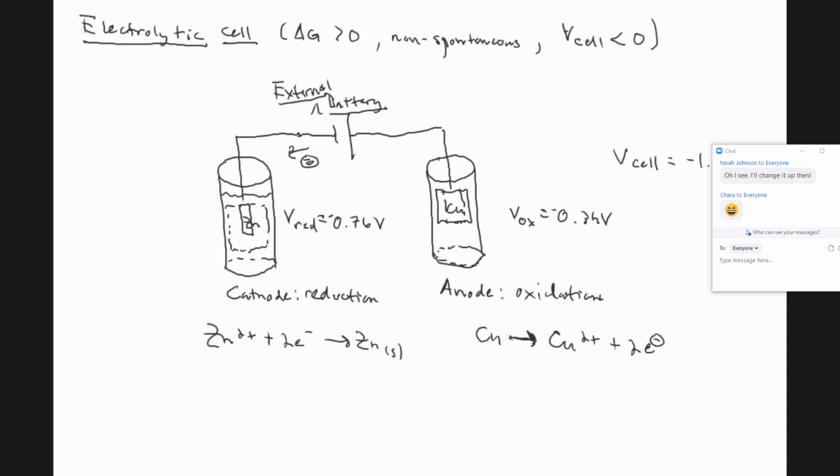Super, super cool, right? So now you're talking about that whole discharging and recharging of that battery by putting an external voltage source in series with it to drive the electrons back in the reverse direction. Okay? So this is my example of the electrolytic cell and what's going on.